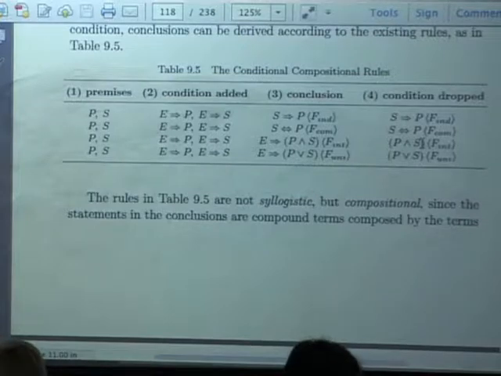So from the truth of S and P, you can derive the truth of each of the structures. Especially this one and this one, if you check the truth value function, you will see it gets the same result. You'll see if one is true, this will be true, but this one will be false. And this one will be true only when both of them are true. It's a boundary condition.